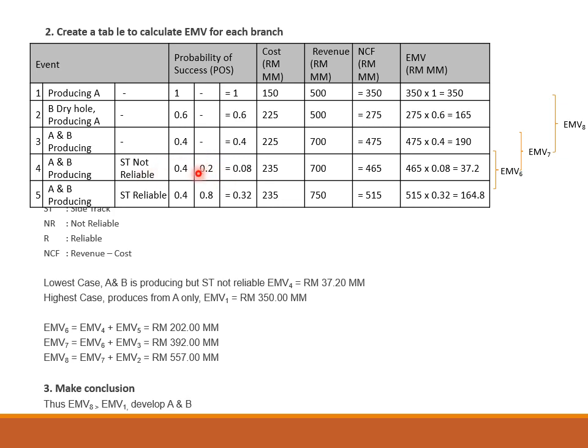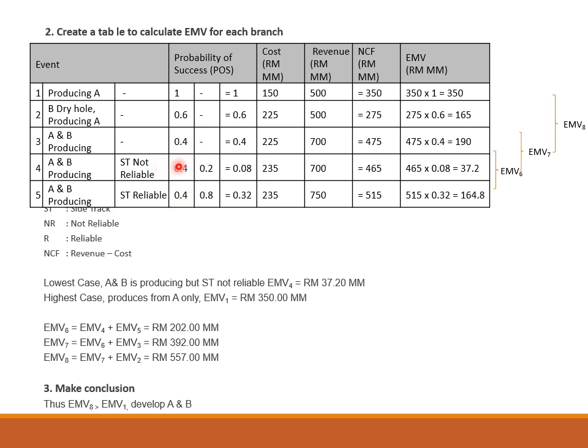And you can see here, you have to combine the probabilities now, okay? Because for event 4 and 5, they're basically from event 3. You're just branching out event 3 into 4 and 5. So that is why the probability of event 3 is 0.4. So that's why these are 0.4 here, because these are from event 3.